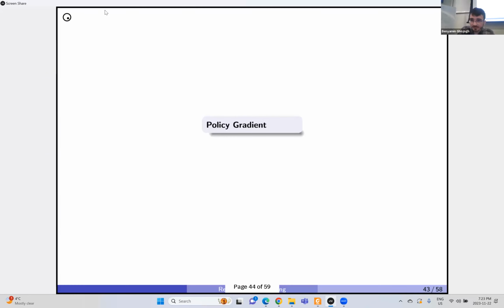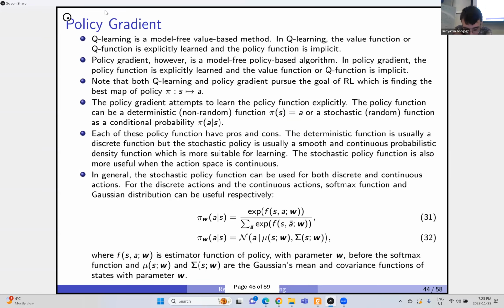Now, policy gradient. The Q learning that we talked about is a model-free, value-based method, right? Because it's based on Q. It's model-free; we already talked about model-free and model-based RL in the previous session. In Q learning, the value function or Q function is explicitly learned, right? Because we are learning the Q. But the policy function is implicit.